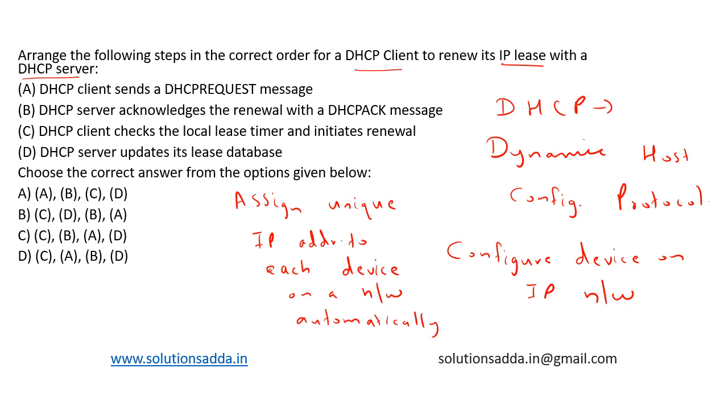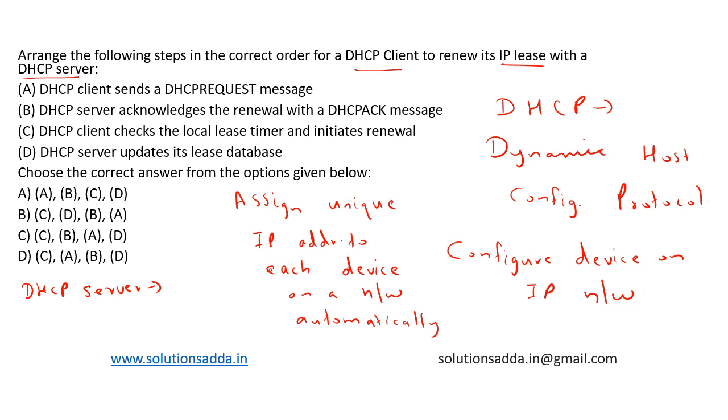The main components are a DHCP server, a DHCP client, and a DHCP relay agent. A DHCP server contains a pool of IP addresses and assigns them to clients.